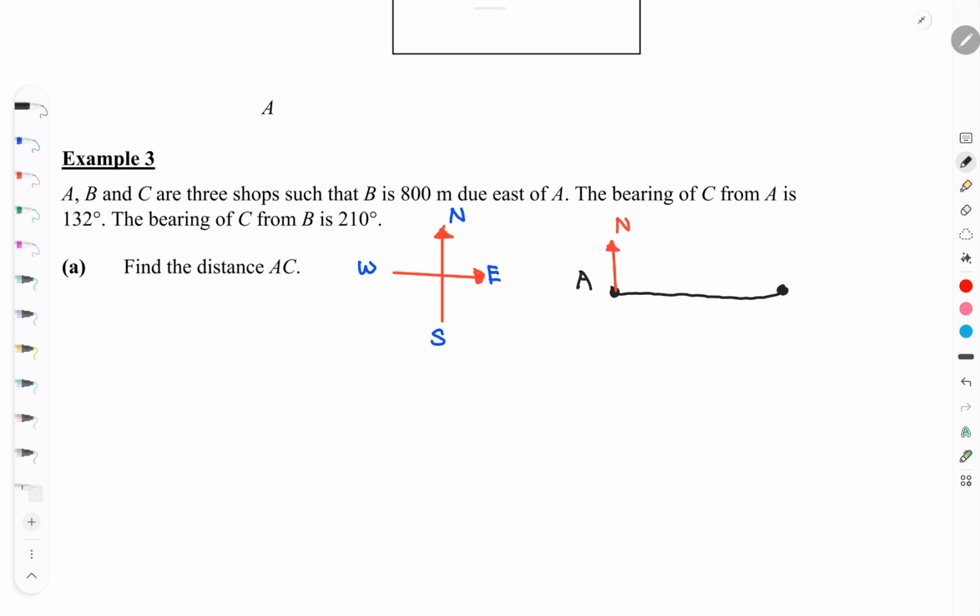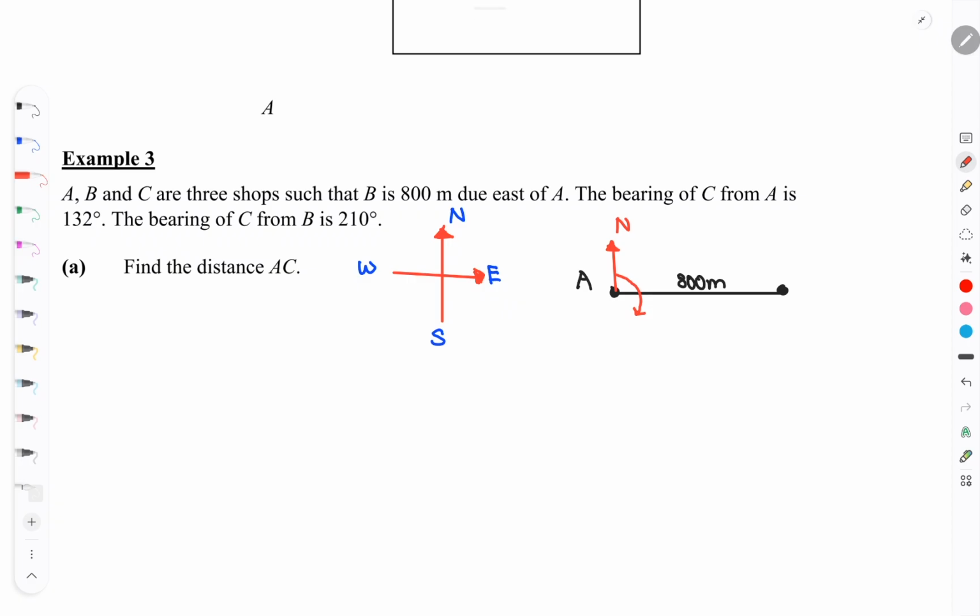Let me draw. So this is 800 meters. The bearing of C from A is 132. So this is 90, so it's around here. It's not very exact, but I know it's around here.